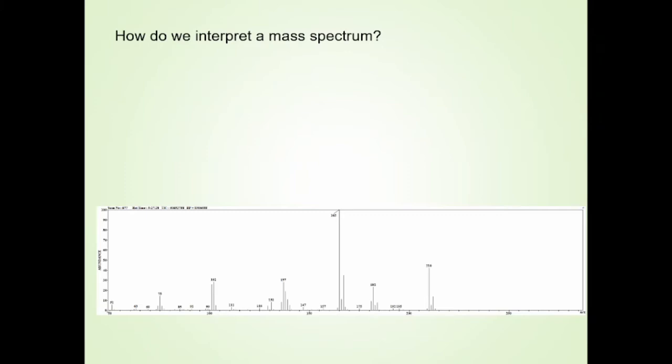All right, so how do we interpret a mass spectrum? First thing we usually look for is the parent ion. We'll also try to identify common ions and lost fragments. So typically the peak with the highest mass is our parent ion. So this is the mass of the molecule that's coming in, and that's referred to as the parent ion.